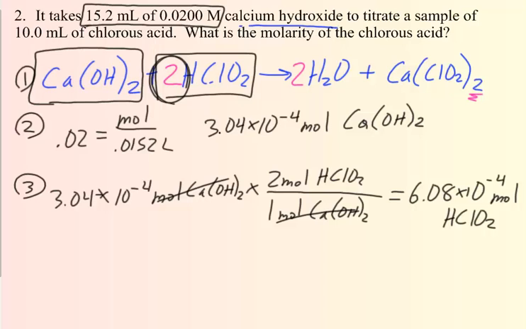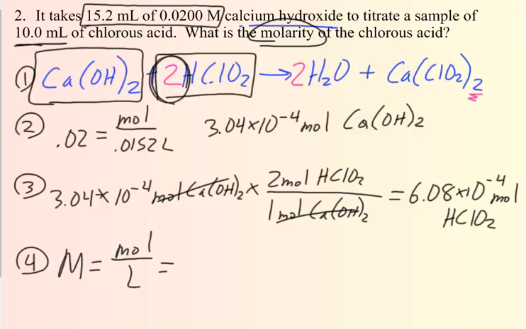Our last step, figure out the volume, or no, in this case, we want the molarity of it. So we're actually given the volume. So now in our equation, molarity equals moles over liters. We actually have the moles from step 3, 6.08 times 10 to the negative 4th. We have our liters, right?